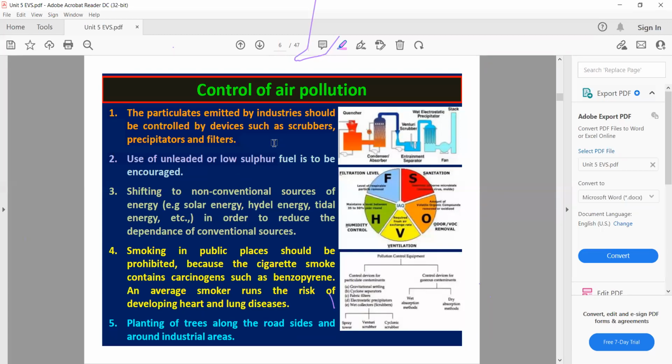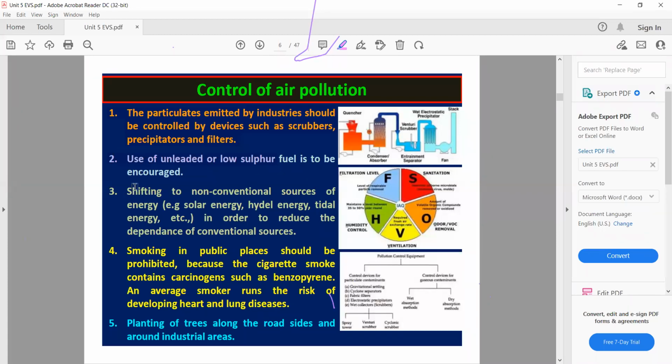Filtered air comes out. The air is no longer polluted. So the precipitators or filters or scrubbers or electrodes are extremely essential to make sure that the air that is coming out is clean.